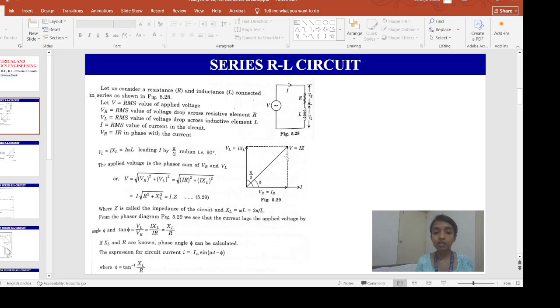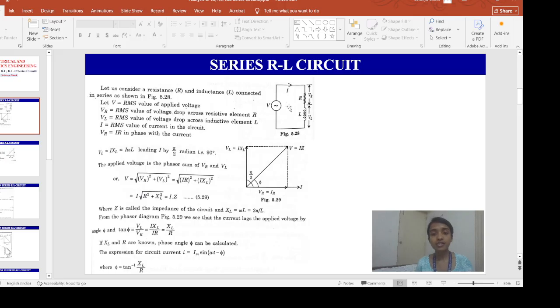VL means IXL, VR means IR, so tan phi is XL by R. If I know the XL and R values, I can easily calculate phi. And we have considered I as the RMS value of the current flowing through the circuit.